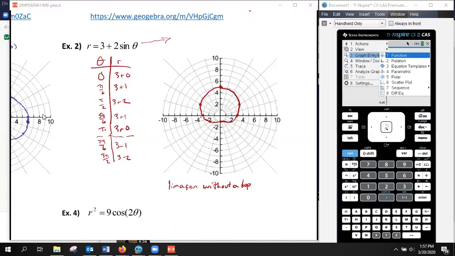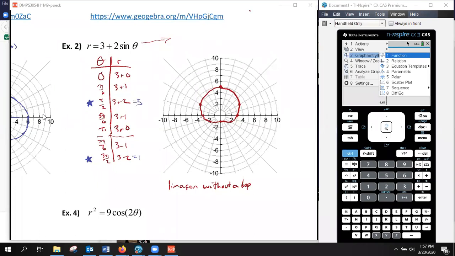Let me change colors really quickly. If you notice, the maximum value of the radius occurs at theta equals pi over 2, which gives us a radius of 3 plus 2, and the smallest radius occurs at 3 minus 2. The dimpled limaçon shows itself because the smallest radius is 1 and the largest radius is 5.